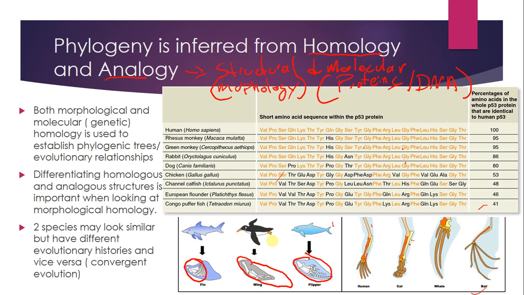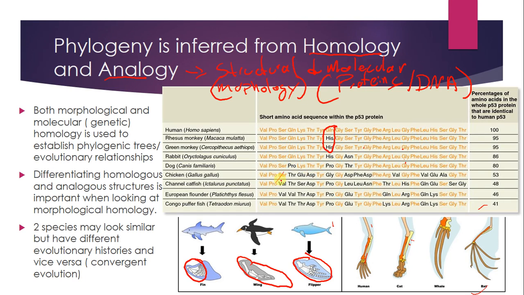We can also use molecular evidence, like you did last time with amino acid sequences. More similarities in amino acid sequences means greater or closer evolutionary relationship. Like we saw, the green monkey and the rhesus monkey, in the p53 protein amino acid sequence, only has one difference compared to a human.